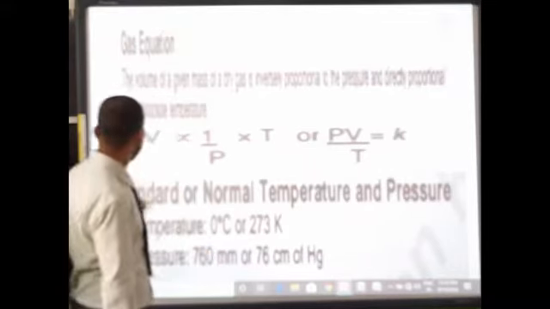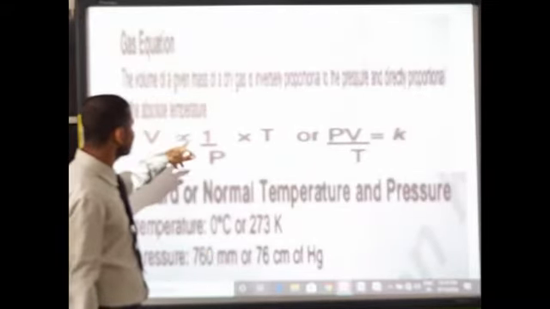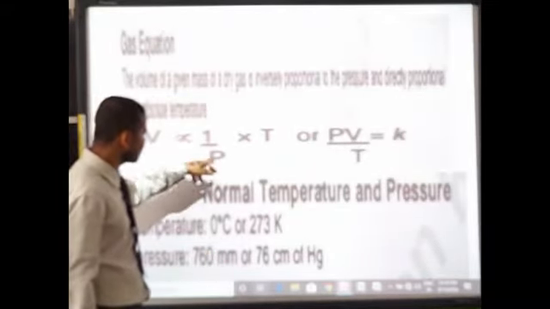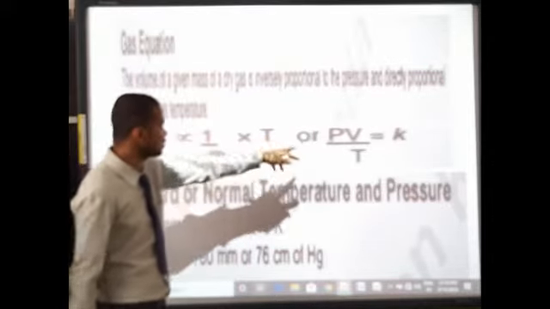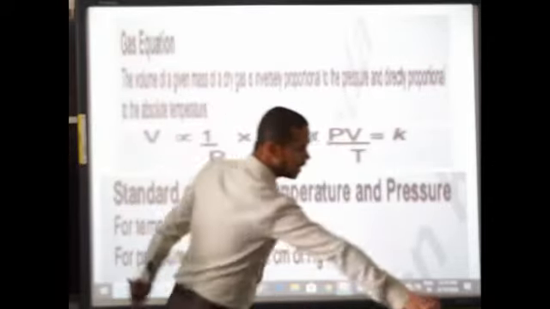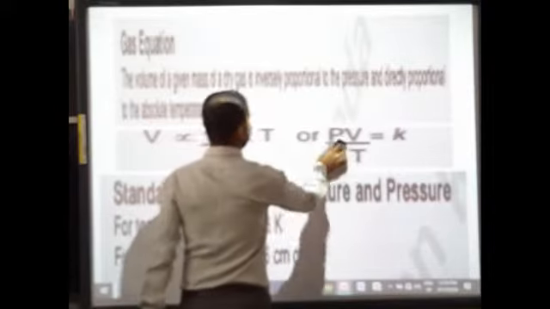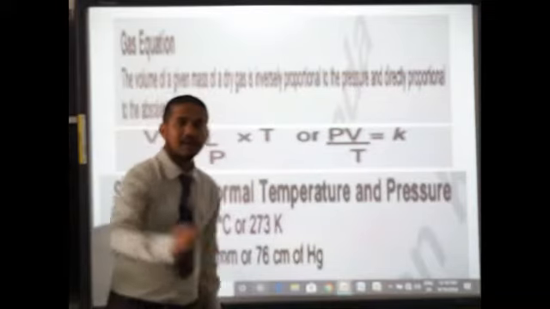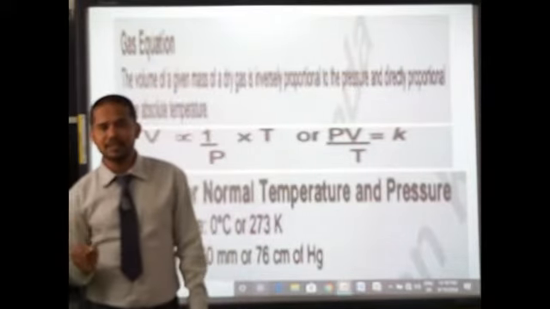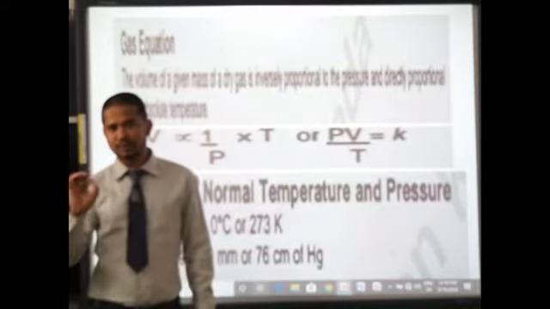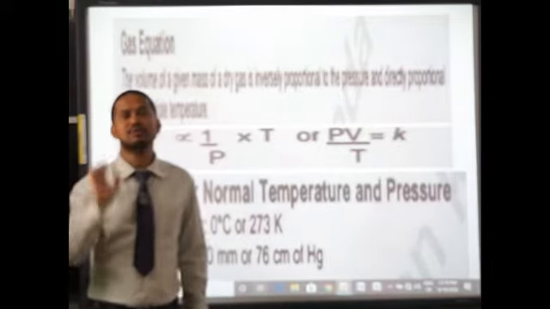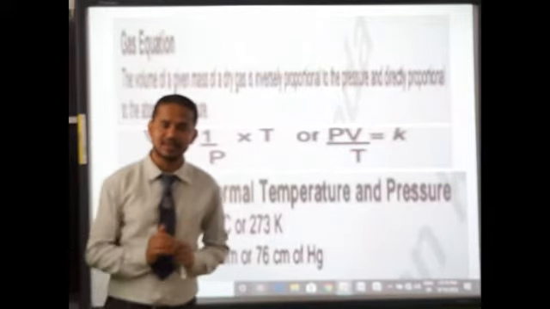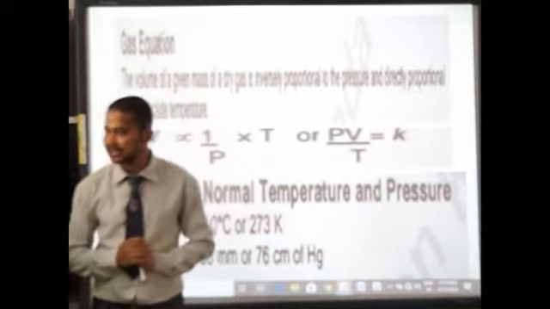That means you can write PV by T is equal to K. That means P1 V1 by T1 is equal to P2 V2 by T2 is equal to constant. That is the gas equation. This also we have already done in class 9.